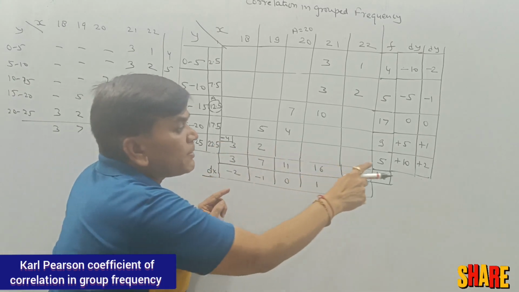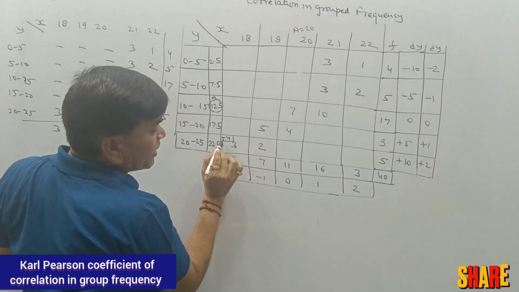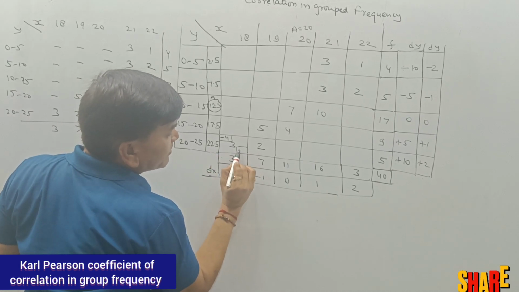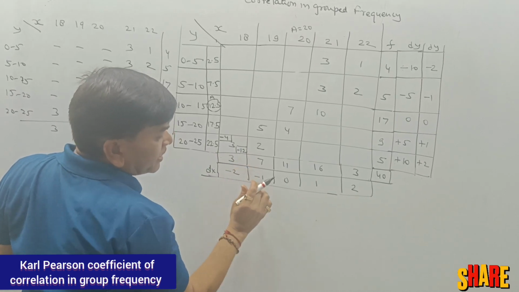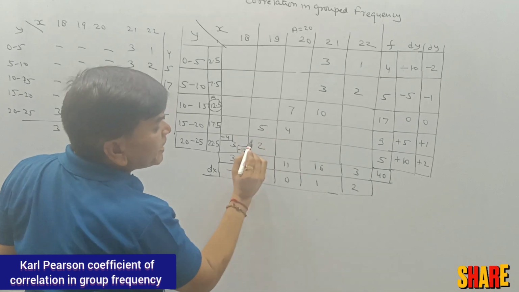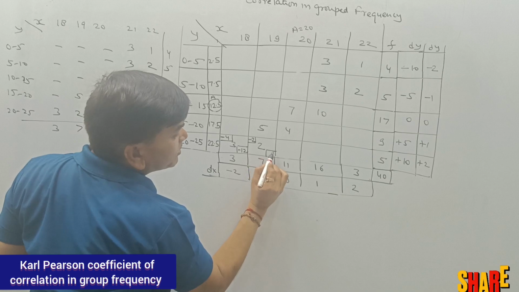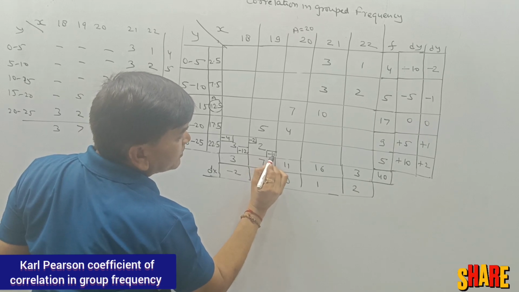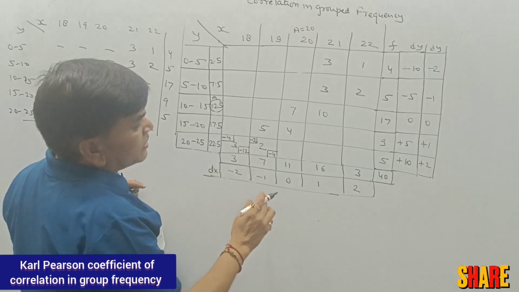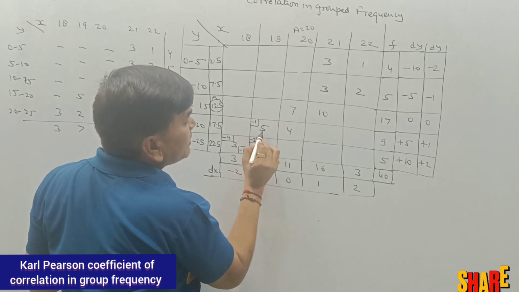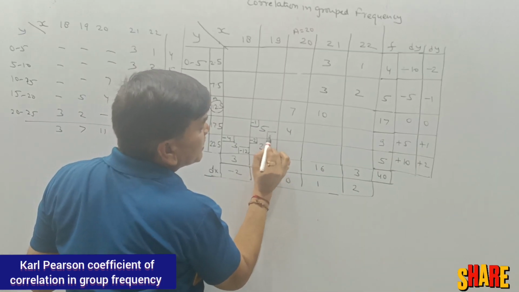Minus 2 multiplied by plus 2, that is minus 4, or dx dy with 3, that is minus 12. Here minus 1 multiply 2, that is minus 2, multiply by 2, that is minus 4. Next minus 1 multiply plus 1, that is minus 1. Minus 1 multiply by 5, that is minus 5.